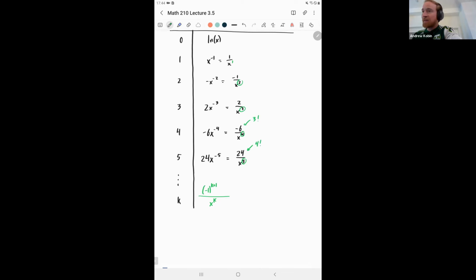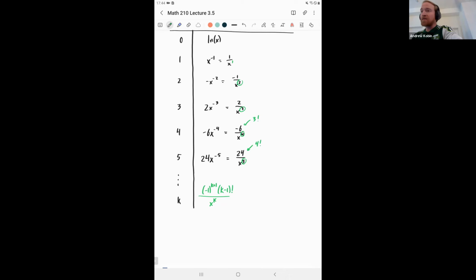And notice that it's shifted by 1 from our k value on the left of the table. So it looks like we're using the expression k minus 1 factorial times the sign flipper divided by the right power of x to get our kth derivative. So good news, you now know all derivatives of the function ln of x just by pattern recognition.